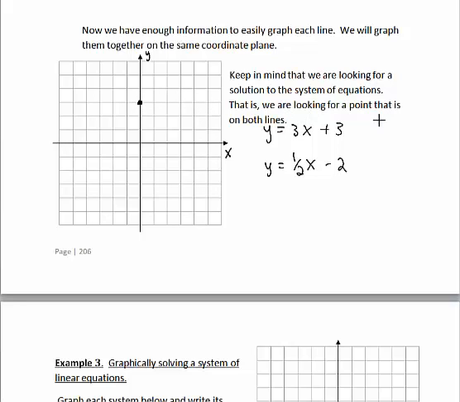And then we apply our slope. Rise over run for equation 1 would be a 3 over 1. So we want to go up 3 and then right 1. Alright, so if I go 1, 2, 3 up and then right 1, that would put me right there.